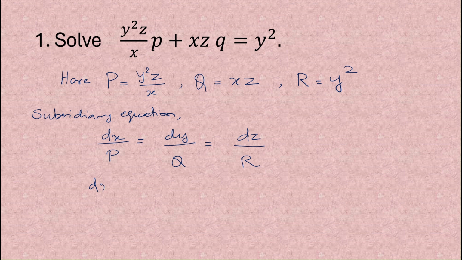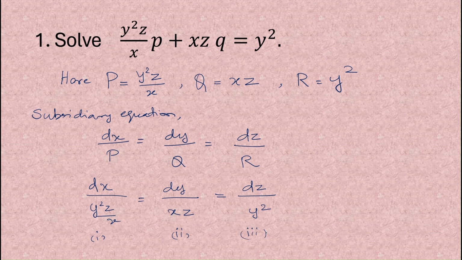Now we have to replace P, Q and R. So P is y square z by x, dy divided by Q, which is xz, and R is y square. So now let us name these three ratios as 1, 2 and 3.